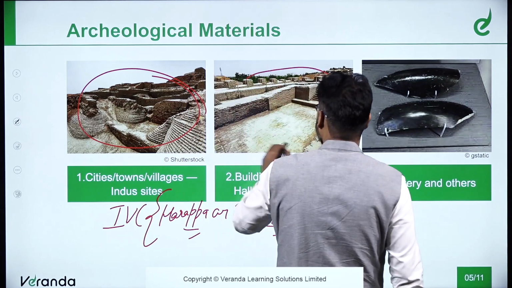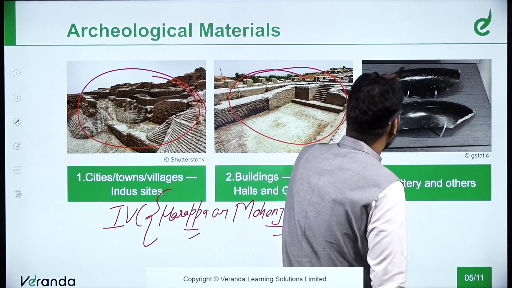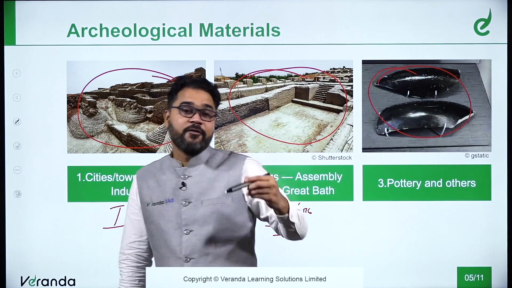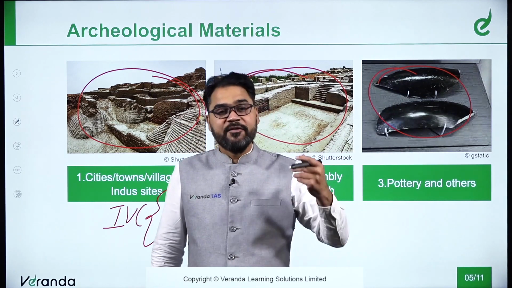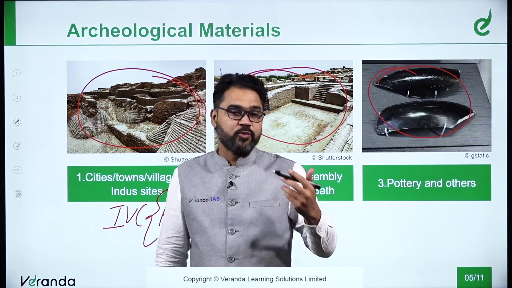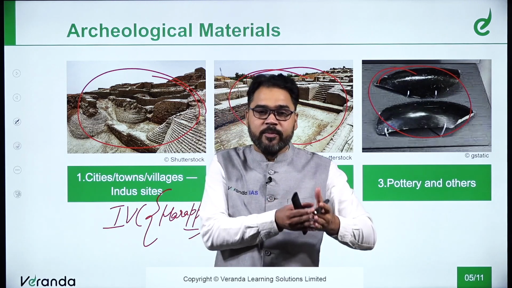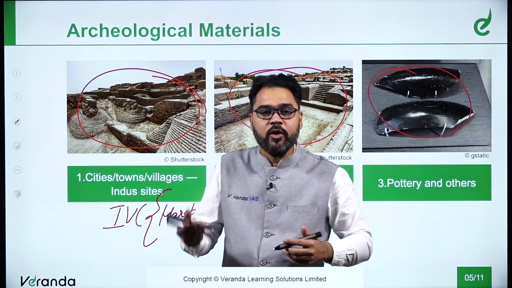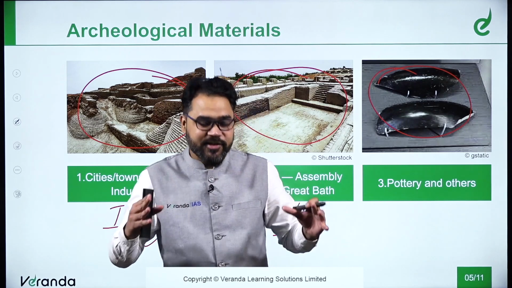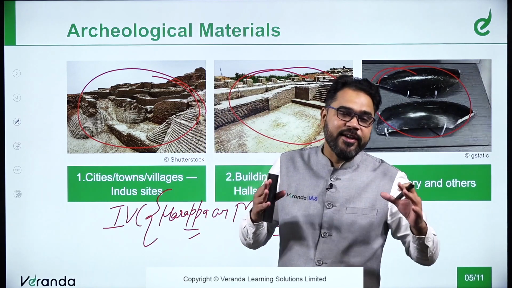The famous Great Bath, the pottery, and various others. There have been cases where several inscriptions have been found where you can see the image of Lord Pashupatinath. Pashupatinath means whom? We are talking about Lord Shiva here. Such things give you a very great idea.